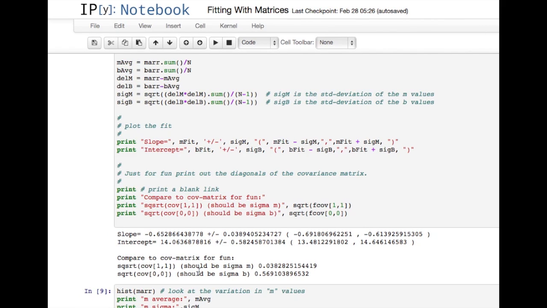And as you can see, my fit slope was negative 0.652. My Monte Carlo uncertainty was roughly 0.039. And my intercept was 14.06. My Monte Carlo uncertainty, one standard deviation, was 0.58.